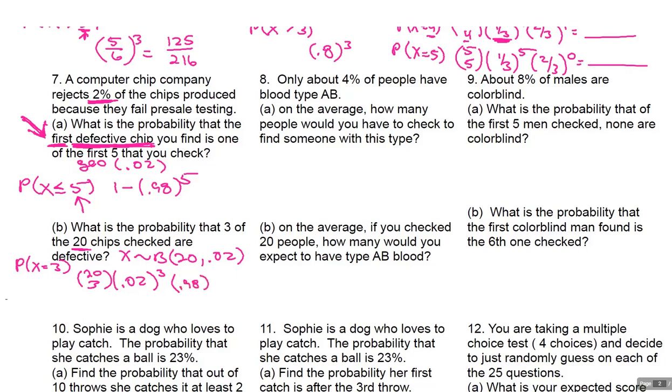Out of the 20, that's 0.98 times itself how many times? 17. Because together I need to have 20 chips, 3 defective and 17 good. Because this is very specific. They only wanted the probability of finding 3 out of the 20. And see, all I got to do is figure out what that number is.